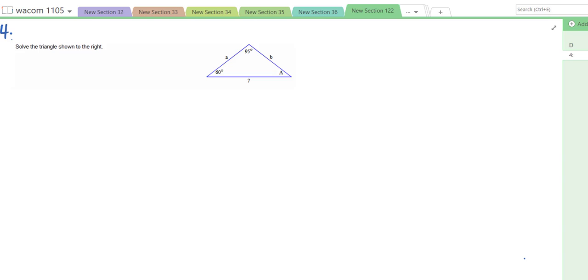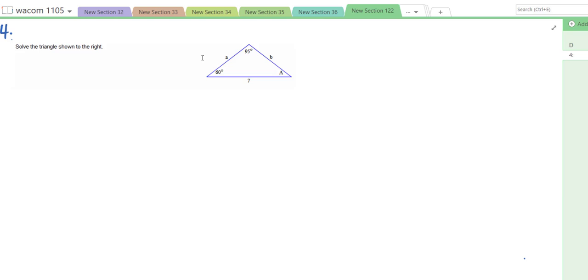All right, here's our fourth question we're going to look at, and this one is using your law of sines. And your law of sines can be used to help you find your sides and angles. So this one we are given angle, angle, side. And so I would probably go ahead and find the other angle, and I would find it myself just by adding up the angles to be 180.